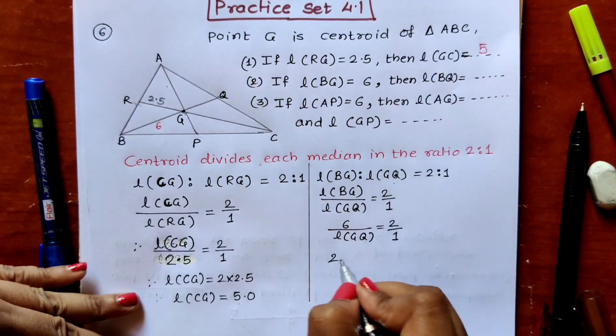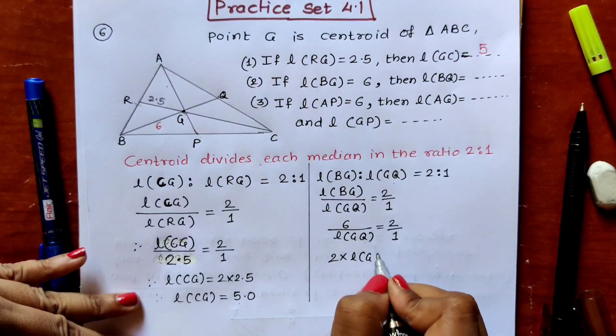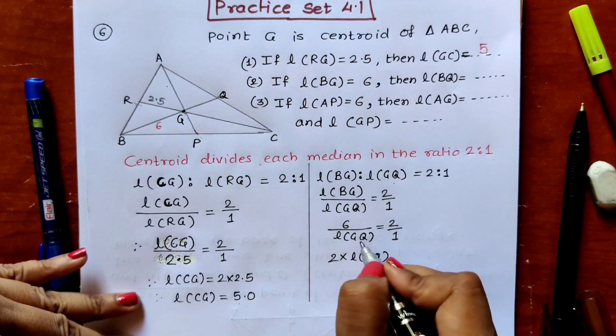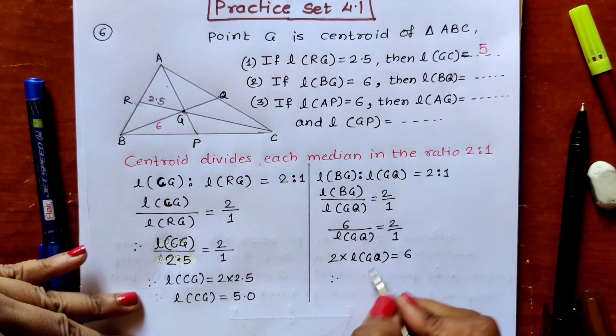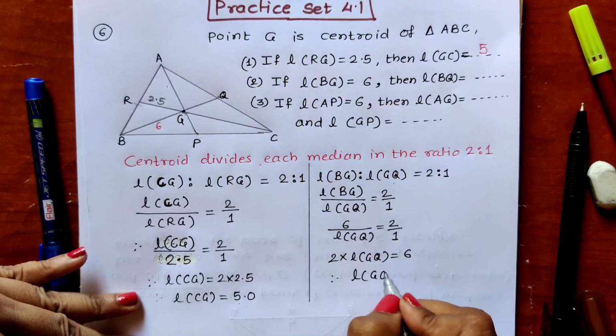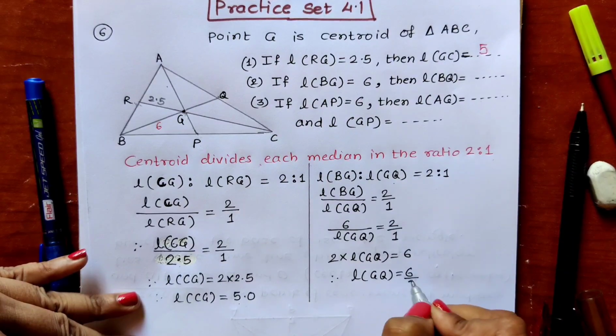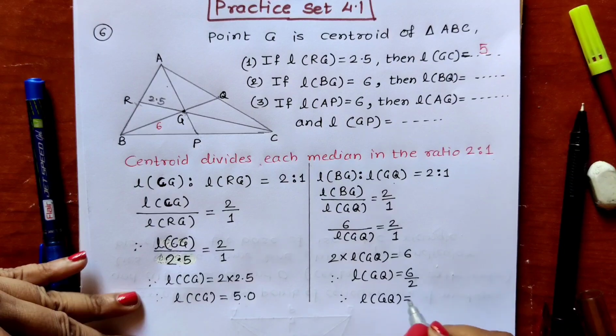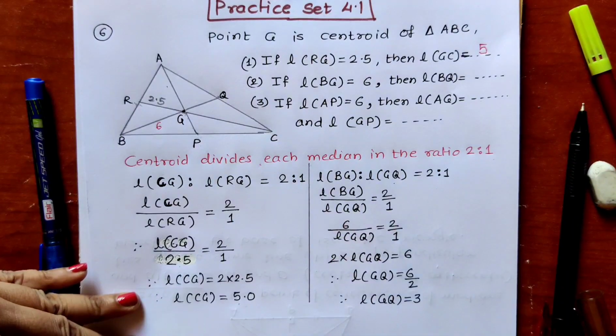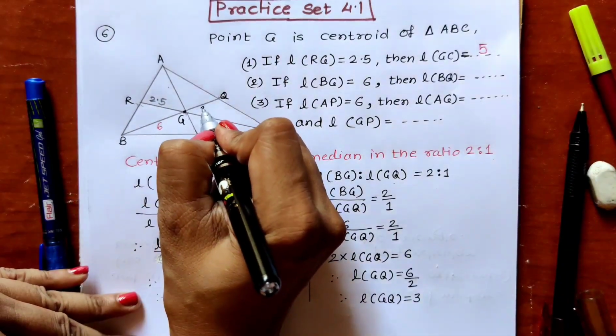So 6 upon GQ is equal to 2/1. Cross multiply: GQ into 2 is equal to 6 into 1, which is 6. Bring the 2 to the other side, so length GQ will be 6 upon 2, which is 3. By this method we get the answer GQ is 3.